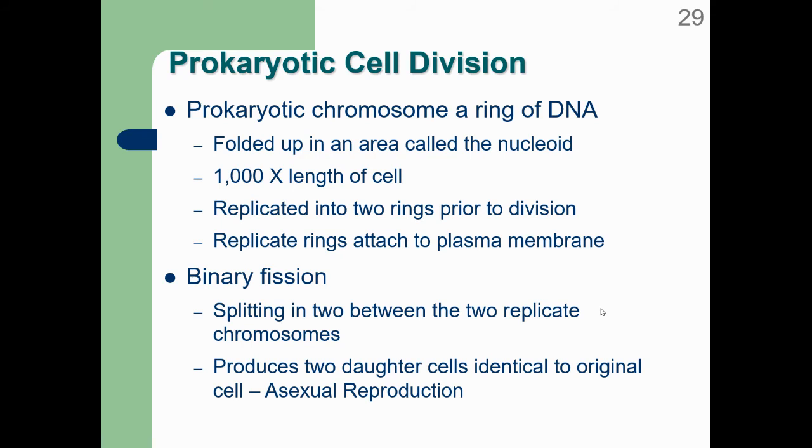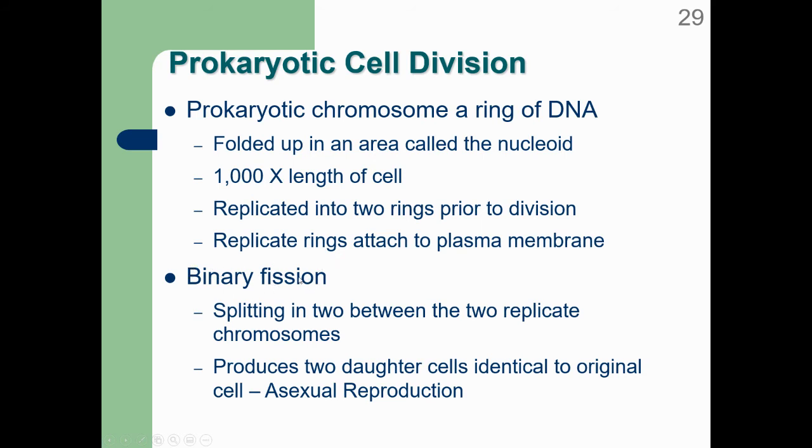We are going to replicate that ring of DNA into 2 rings prior to division in our bacteria. Those 2 rings are going to attach to the plasma membrane, a protein in the membrane. They're going to latch on, and they're going to then divide through a process called binary fission.